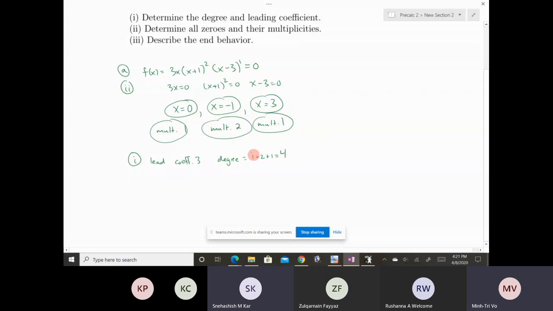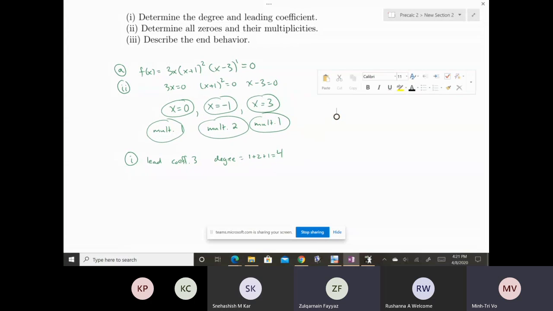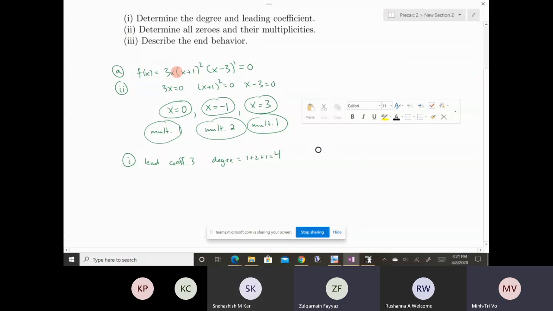But the reason that you add the multiplicities together is, what is the degree, right? The degree is the highest power of x, right? Yes. But to get it for this one, you would have to multiply everything out to make it look like a polynomial.